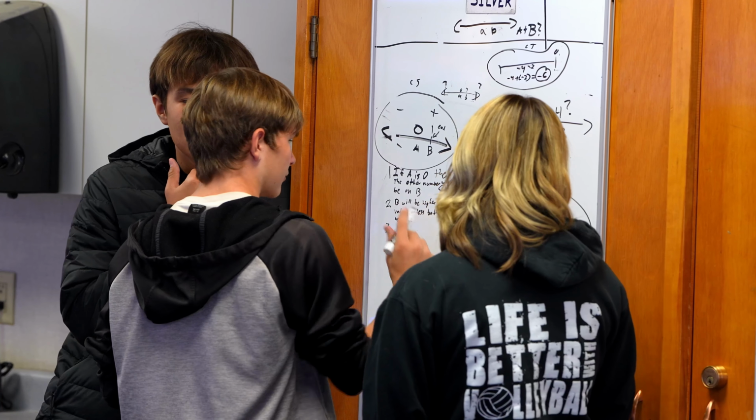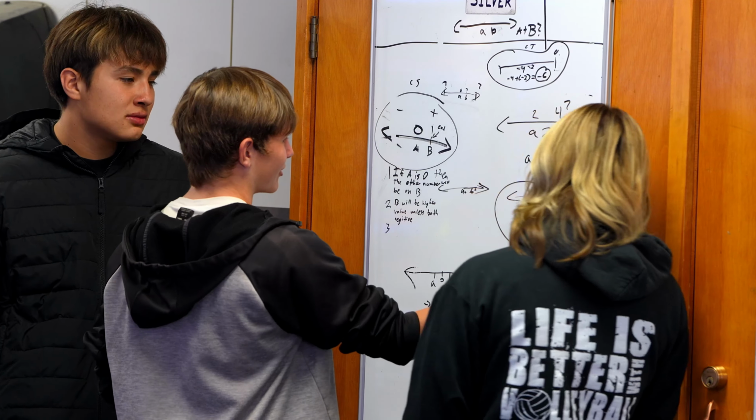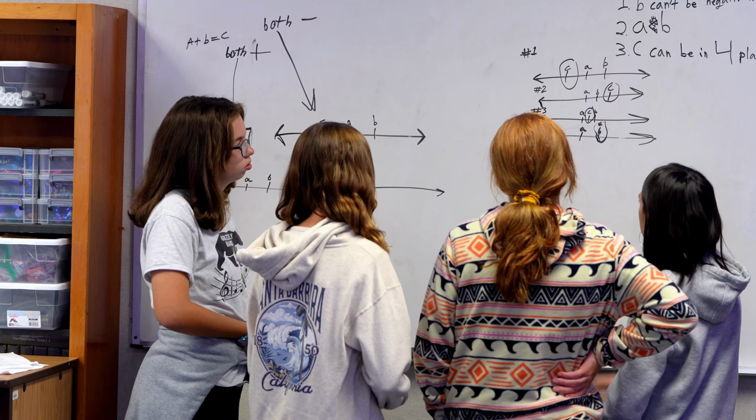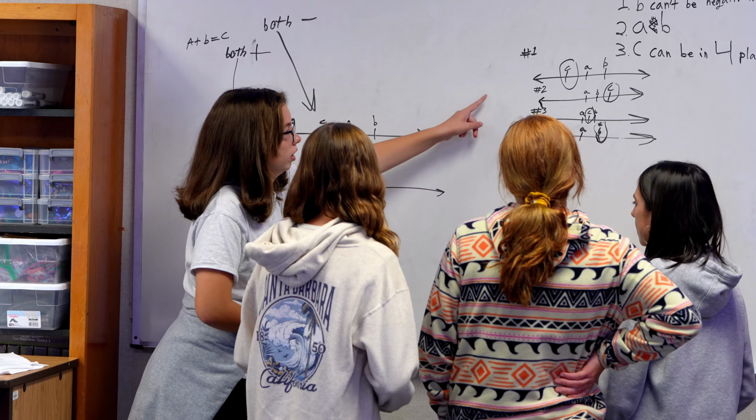I was really surprised by the diversity of the conjectures. I wasn't anticipating them covering all of the different possibilities. I know there are more possibilities that could have been covered, but I was very pleasantly surprised just by the breadth of what they covered, of what they noticed.